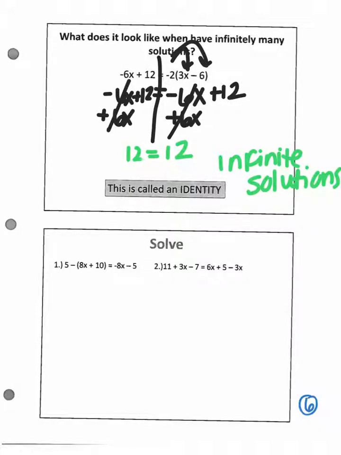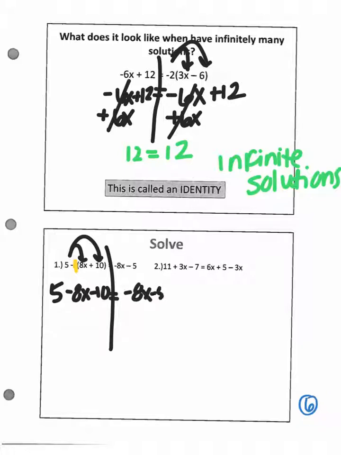So let's try the last ones down at the bottom. We're going to start out by drawing our line and then distributing, remembering that there's secretly an invisible 1 here. So I'm really distributing negative 1. So I get 5. Negative 1 times 8x is negative 8x. Negative 1 times 10 is negative 10, equals negative 8x minus 5. I then need to combine my like terms.